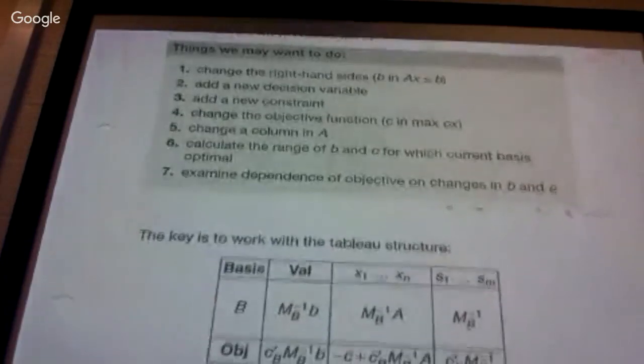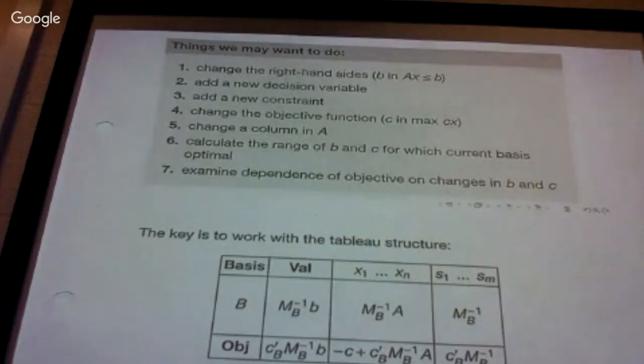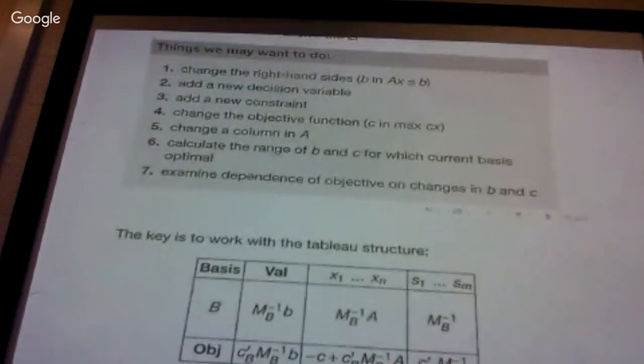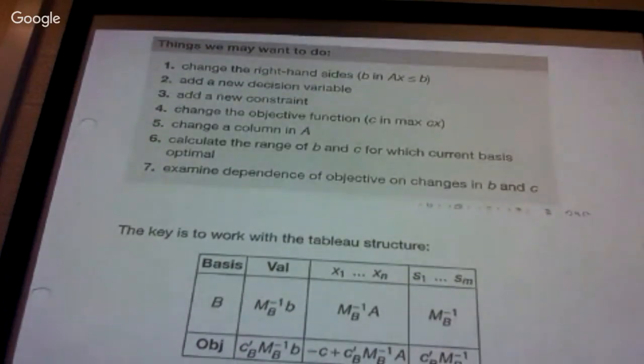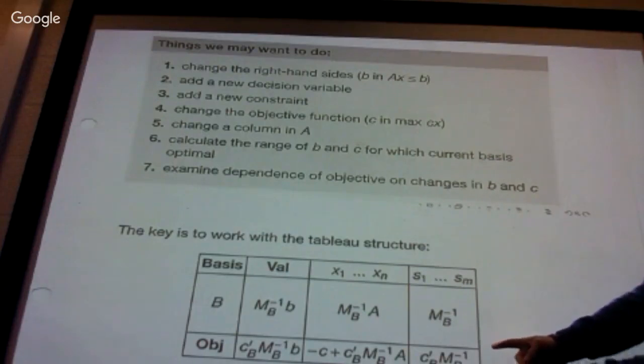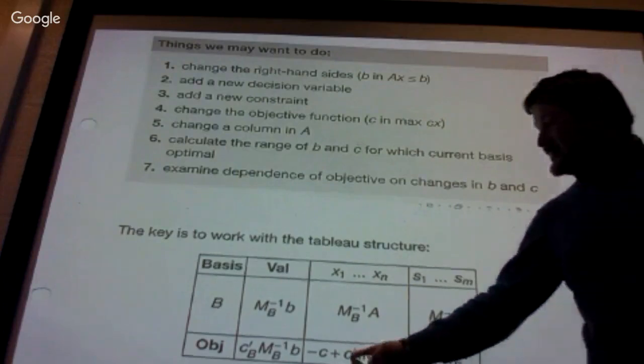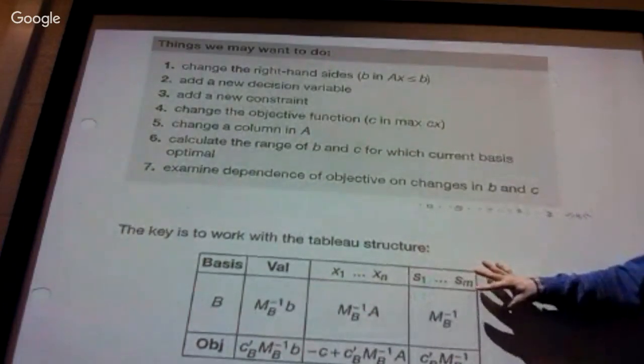When you look at the matrix, the tableau, something that we were doing at the start was, you remember the first thing we did, the first tableau, we were calculating the objective row from the rest of the tableau, okay?